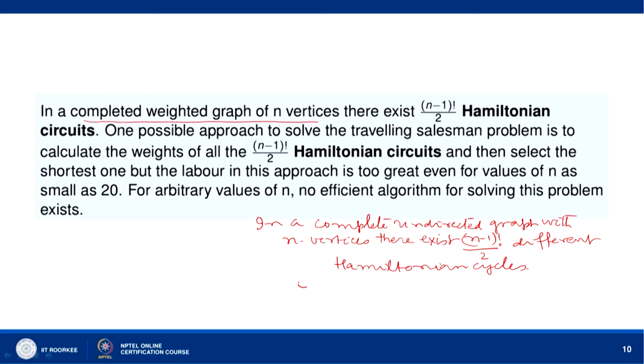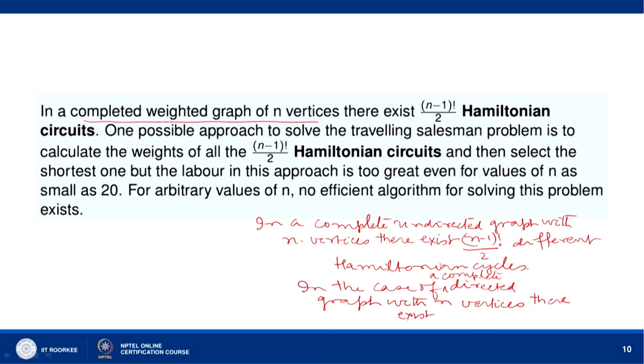In the case of a complete directed graph with n vertices, there exist (n minus 1) factorial Hamiltonian cycles.